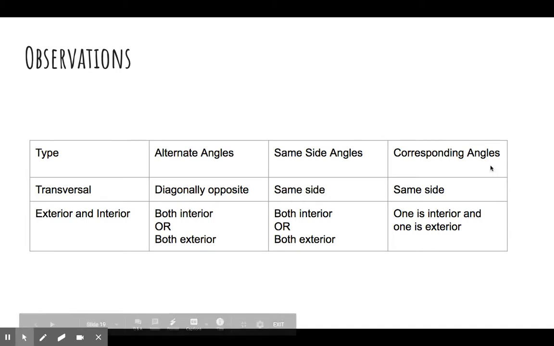So you can use that kind of table to help you identify the angles. And you can also use the idea of overlapping, draw your circles and do the oval shape if you're ever confused, and find the overlapping angles using the definitions.